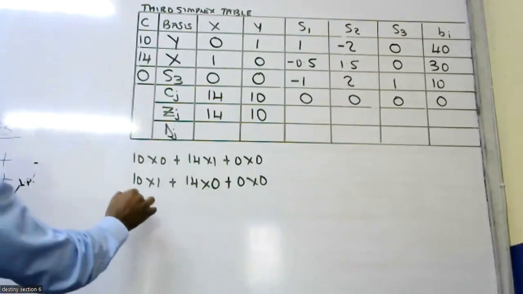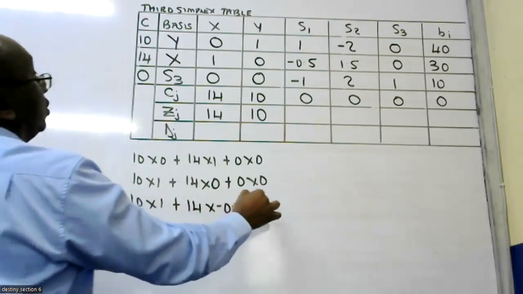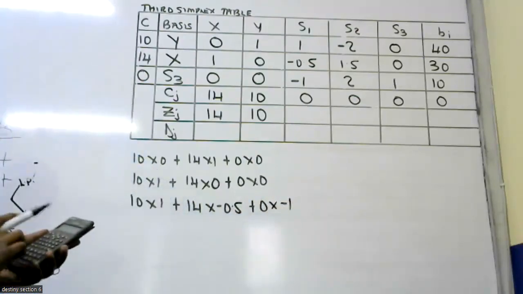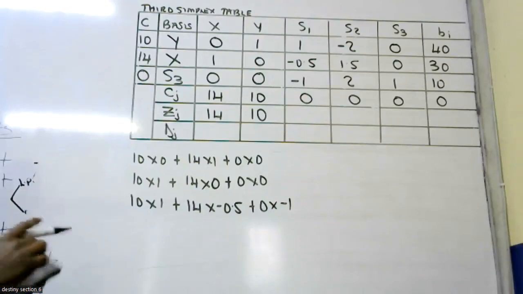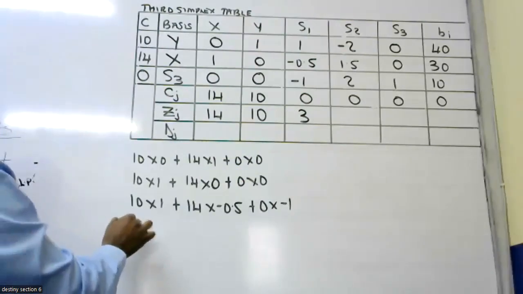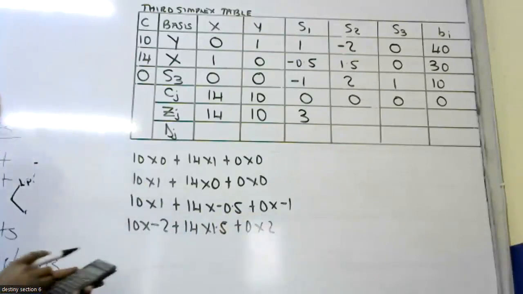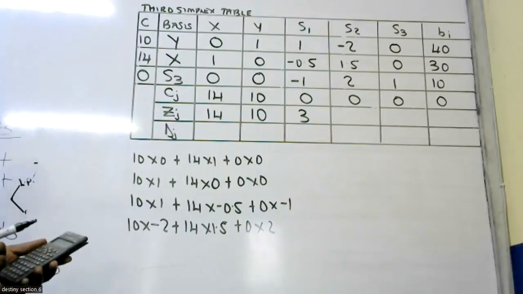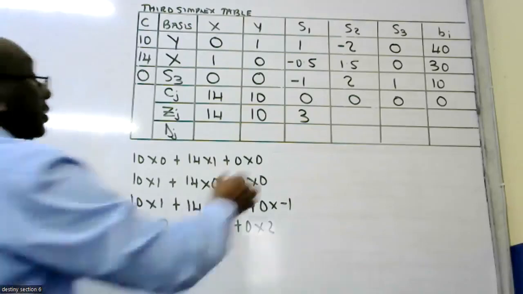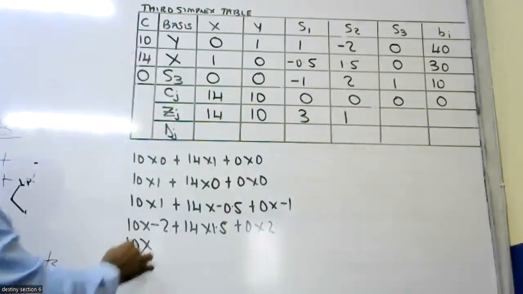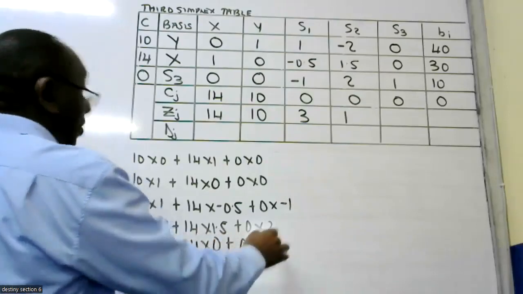Then you're getting 10 times 1 plus 14 times minus 0.5 plus 0 times minus 1. So 10 times 1 plus 14 times minus 0.5 plus 0 times minus 1 is 3. 10 times minus 2 plus 14 times 1.5 plus 0 times 2. So 10 times minus 2 plus 14 times 1.5 is 1. 10 times 0 plus 14 times 0 plus 0 times 1, kila mahali 0.